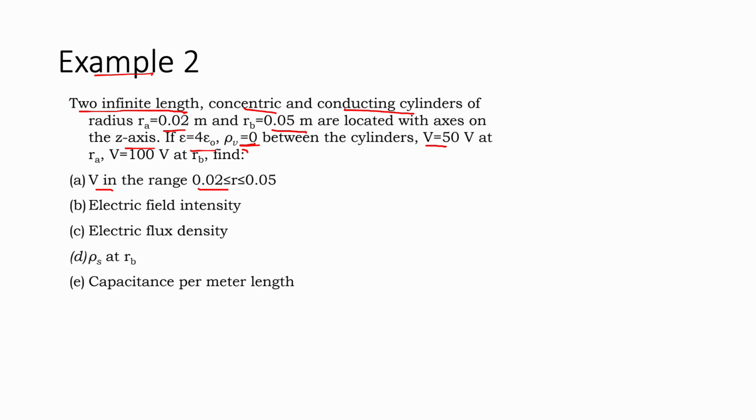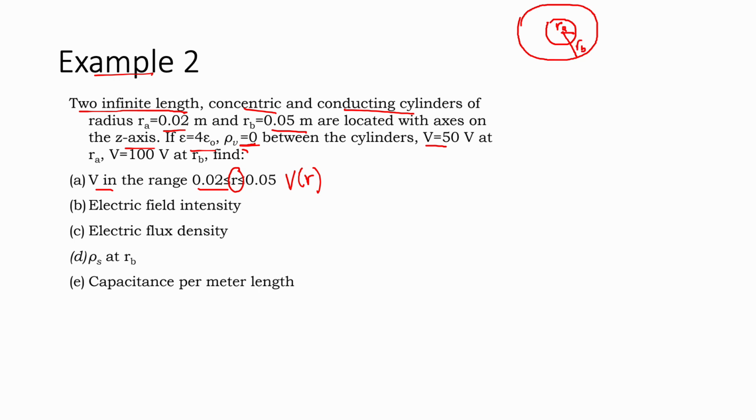Okay, so we know the V that we are interested in is in the R direction. If you illustrate the structure, it will look like this: this is the first cylinder and this is the other cylinder. The first cylinder is given as RA. The next cylinder is given as RB.